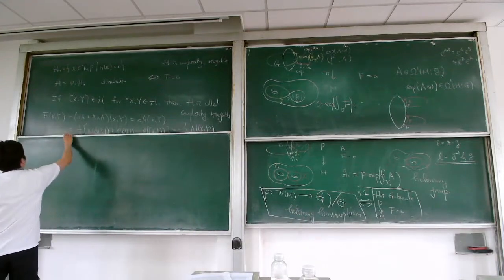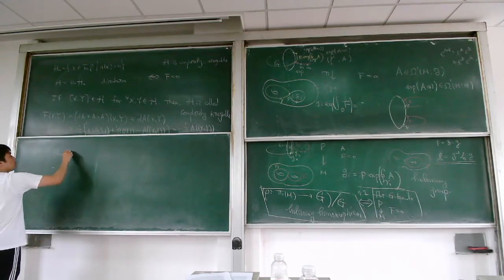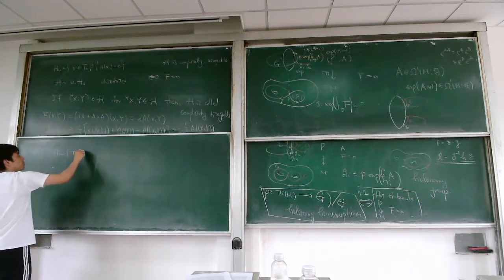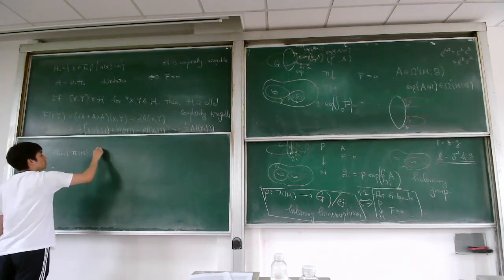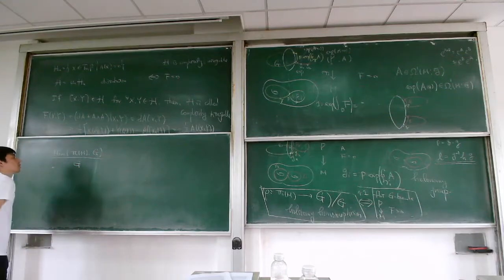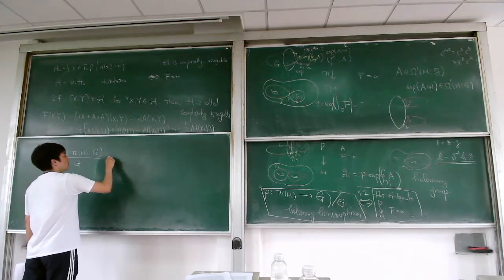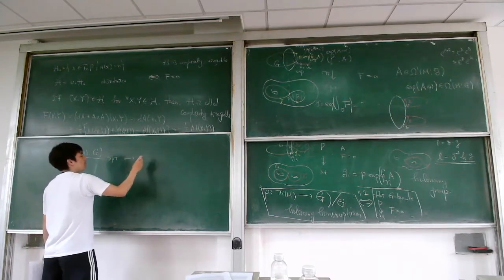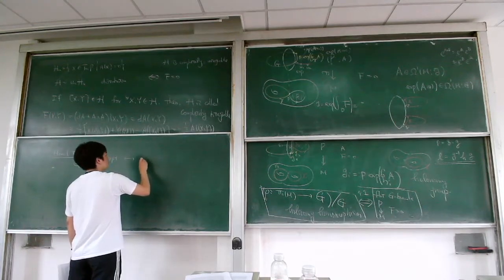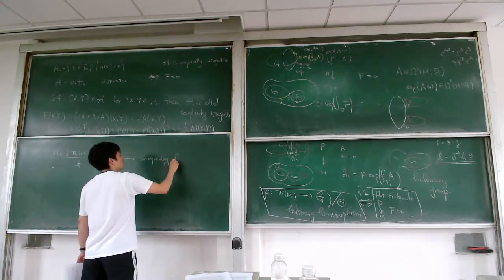People write: given a homomorphism from pi 1 of M to G divided by conjugacy class, pick a point here. There is a flat G bundle with the corresponding flat G bundle.